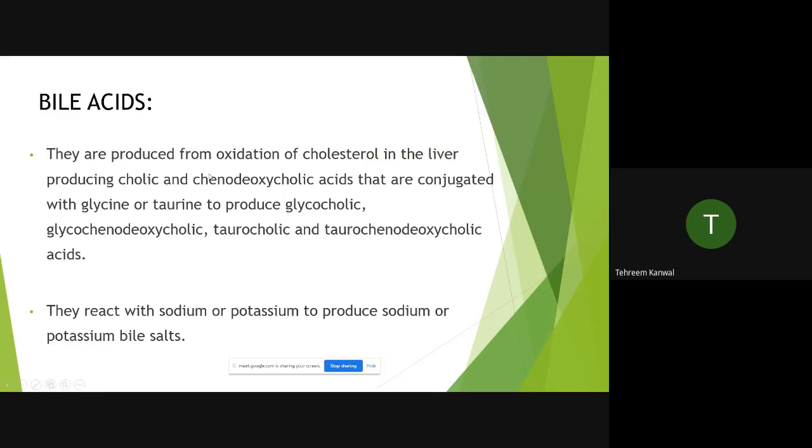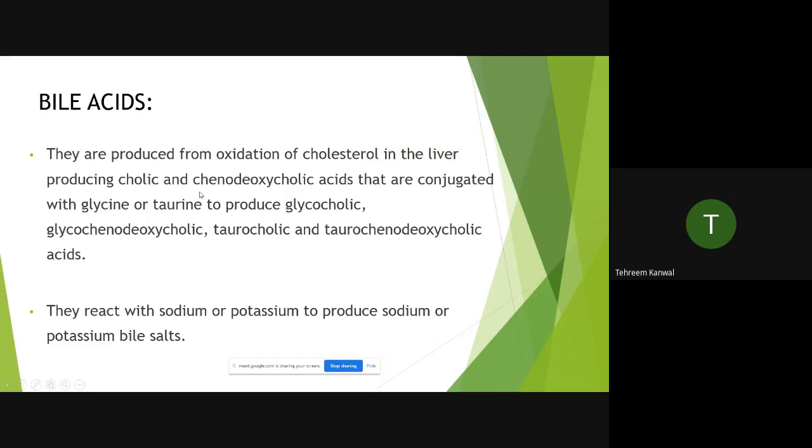These bile acids are also formed from cholesterol in the liver. Cholesterol is broken down to produce cholic acid and chenodeoxycholic acid. In the intestine, cholic acid is most abundant. These acids then conjugate with the amino acids glycine and taurine, and then produce glycocholic acid and glyco.